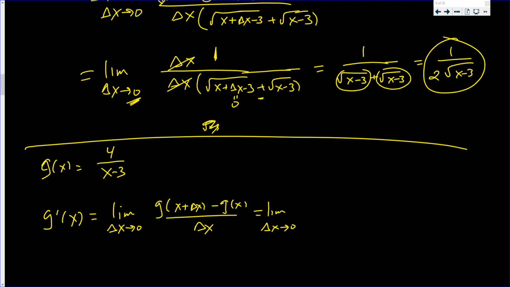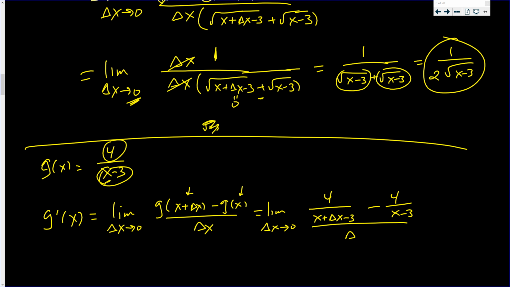Well, in the denominator, whatever is in the brackets, it takes away 3. So in the denominator, I take away 3, and I put a 4 on the top. Minus whatever is in the brackets, in the bottom, I take away 3 from it, and I put 4 on top. All over delta x.